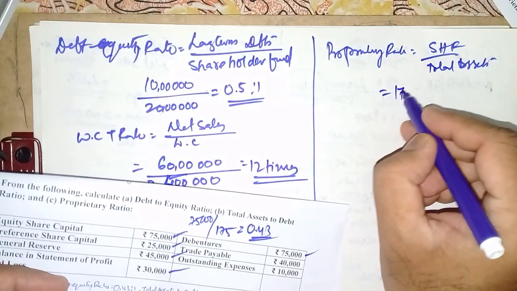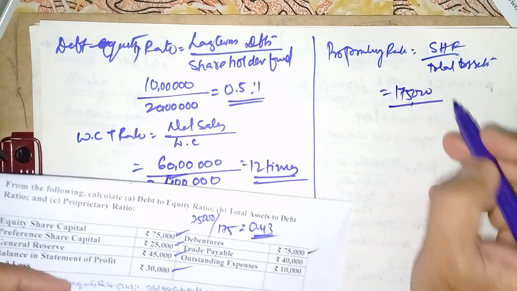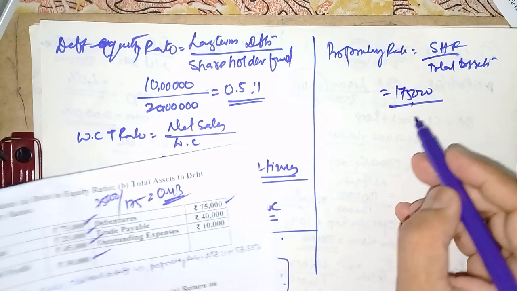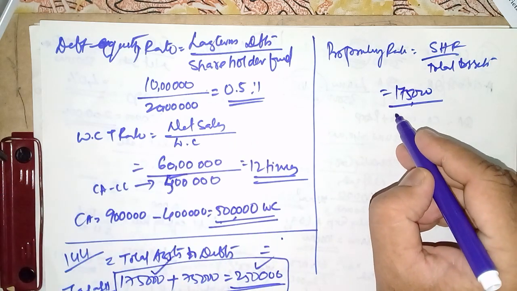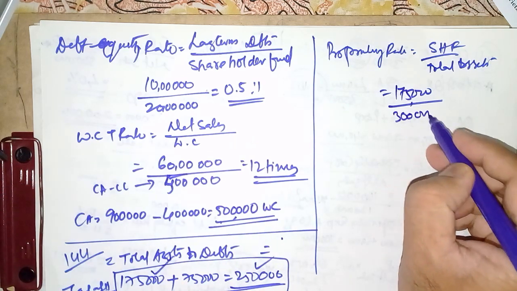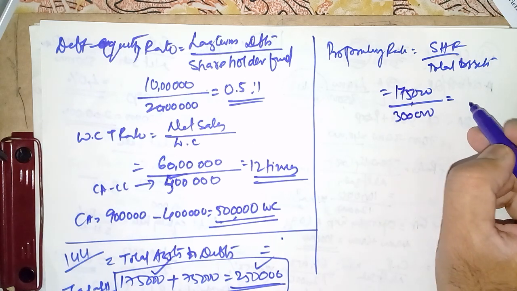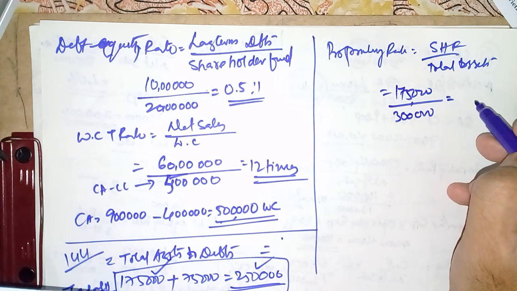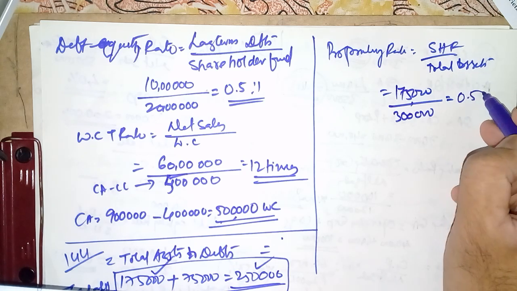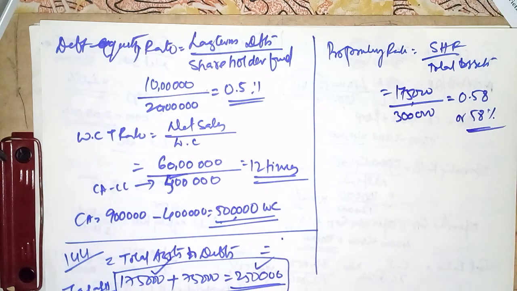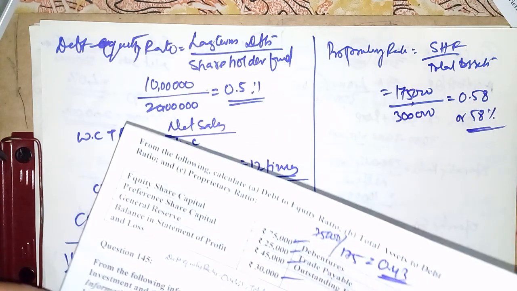That is 1,75,000 shareholders fund. Just now we calculated here, you see, 1,75,000 divided by total assets, which is 3 lakhs we calculated just now. So 175 divided by 3 lakhs is equal to 0.58, or 58% if we want to calculate it as a percentage, right?